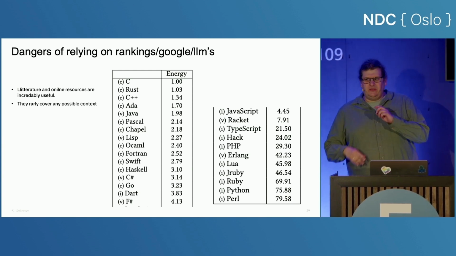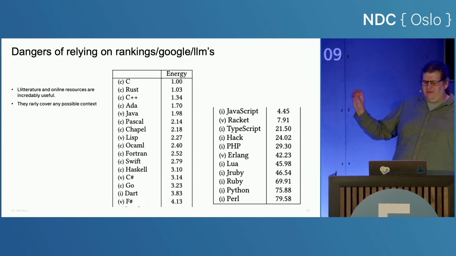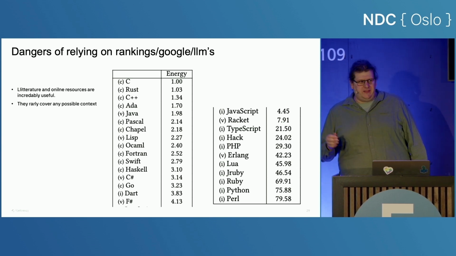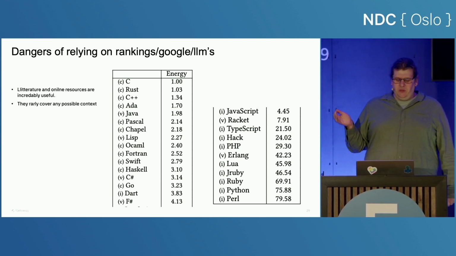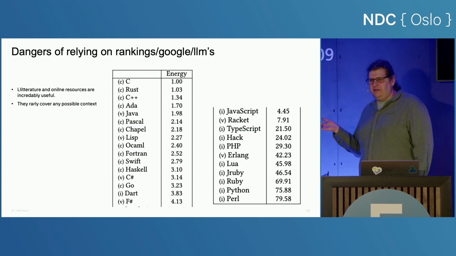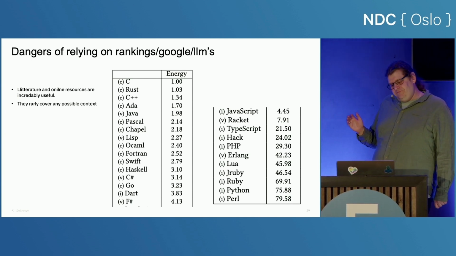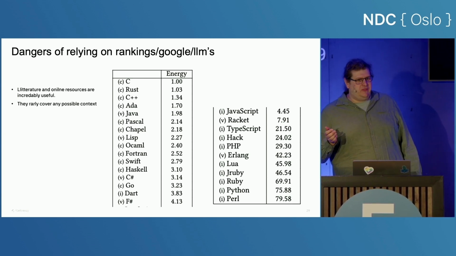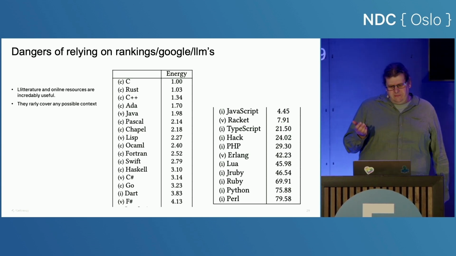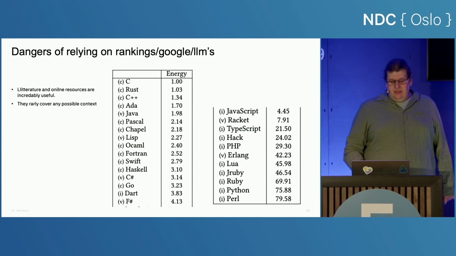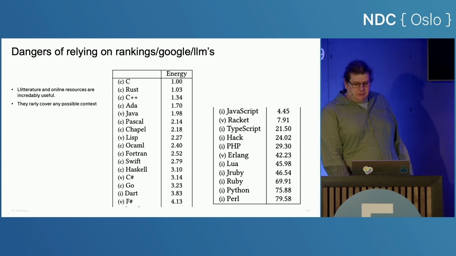Virtual machine languages come in somewhere in the middle, like Java, C# and those kinds of things. And interpreted languages like Ruby and Python end up at 70 to 80 times slower than C, 20-odd times slower than Java, C# and those kinds of languages.